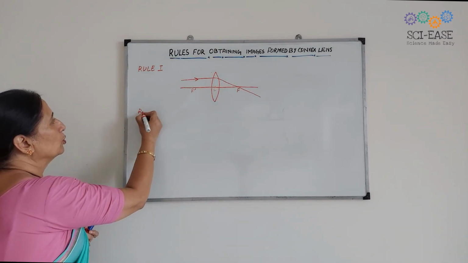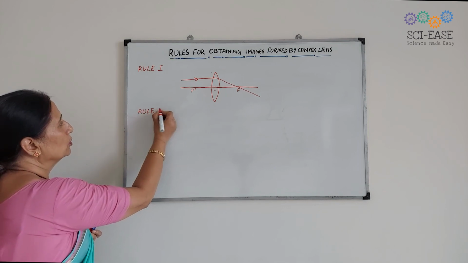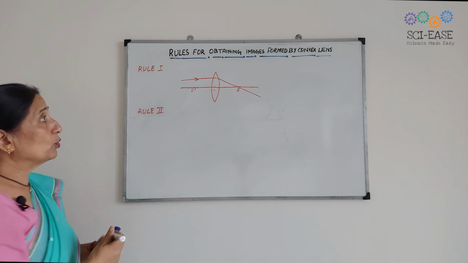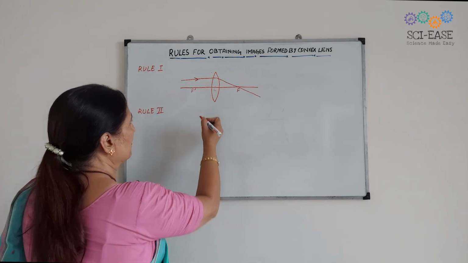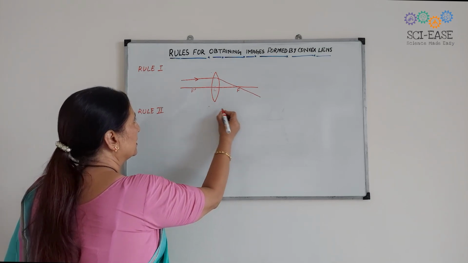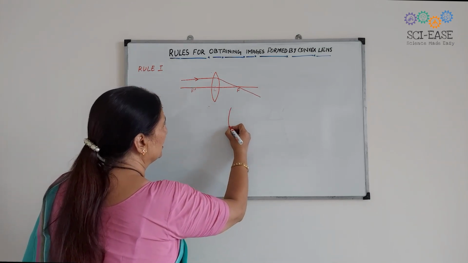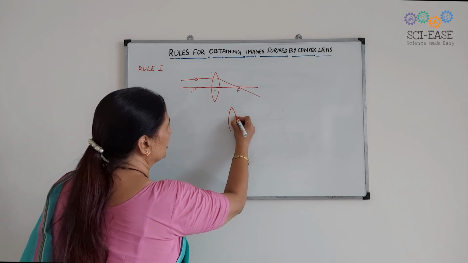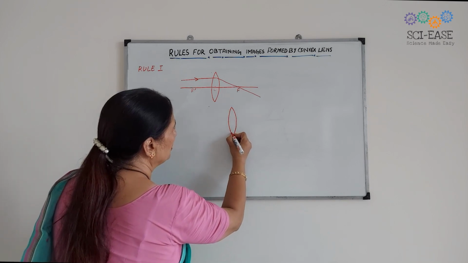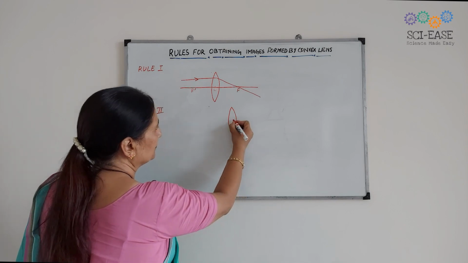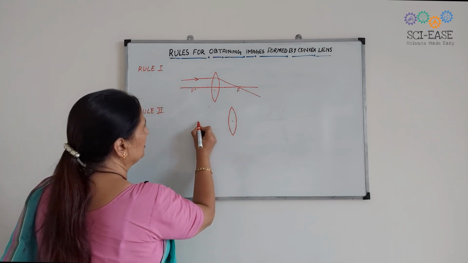What is rule 2? I have told you that when the ray passes through the optical center, it will go straight. So this is the optical center.